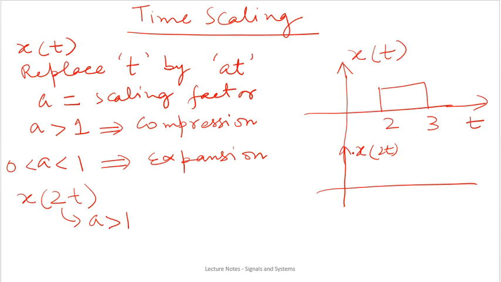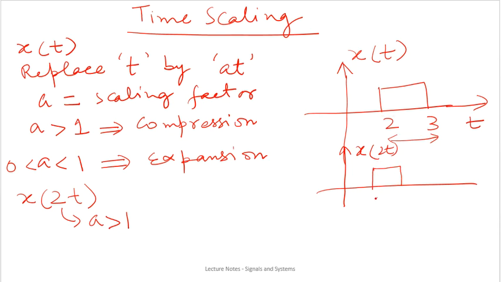So signal will be compressed, it means that if you draw x of 2t in the same signal, now the limits will be divided by 2. So if the interval is 1 here, then after compression the interval will be 1 by 2. So this 2 divided by 2 will be 1, and this 3 divided by 2 will be 1.5.